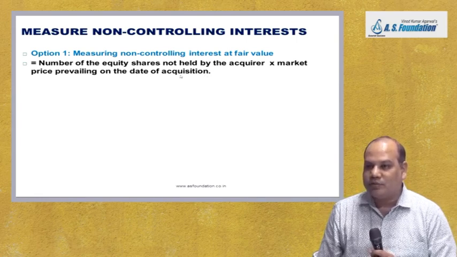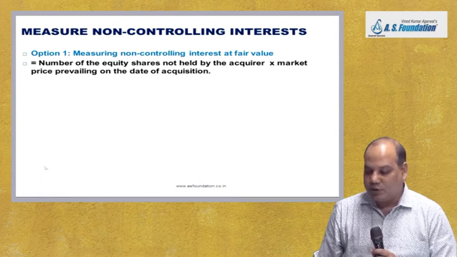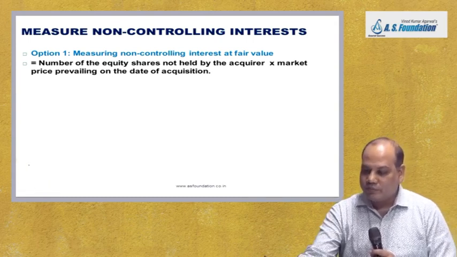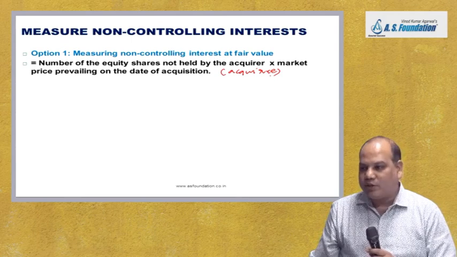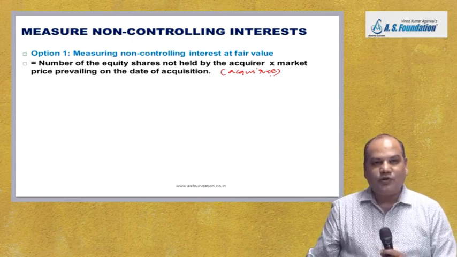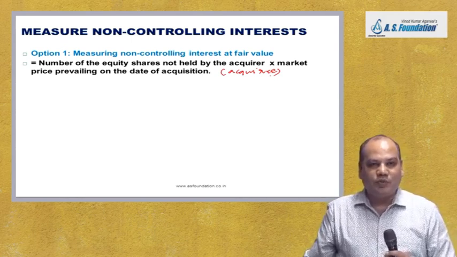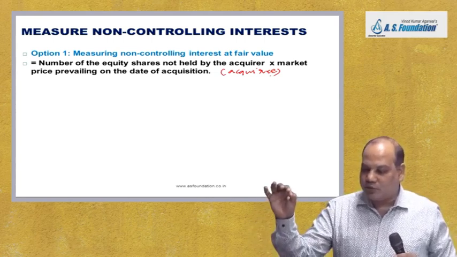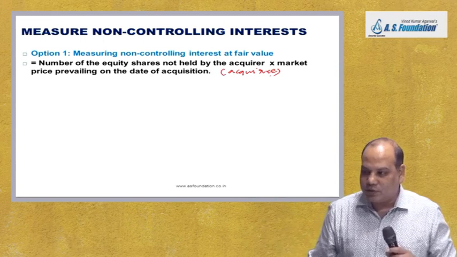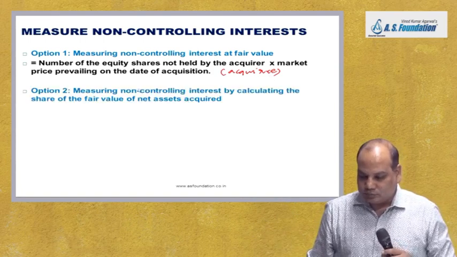Acquirer or acquiree? Market price per share of acquirer or acquiree? So write acquiree. Because to confuse you, they give you two market prices. NCI will be based on the fair value or the market price of the share of the acquiree, if the problem is silent and it is given. Take that.